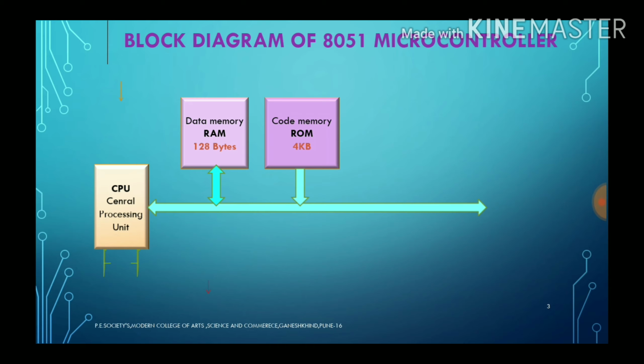Along with these memory devices, we also have seen that we need to connect the different input-output devices. Basically, when the devices are parallel communication devices, 4 I/O ports are included in 8051, where at a time 4 input output devices can be connected simultaneously.